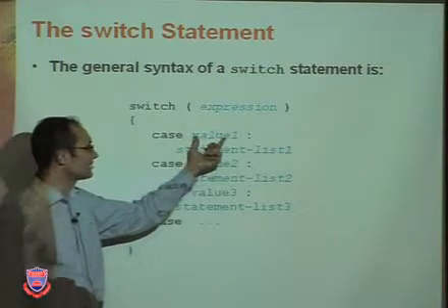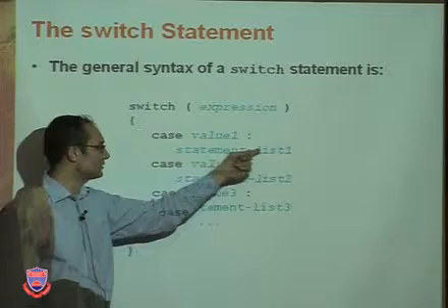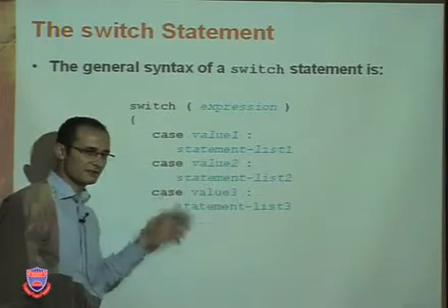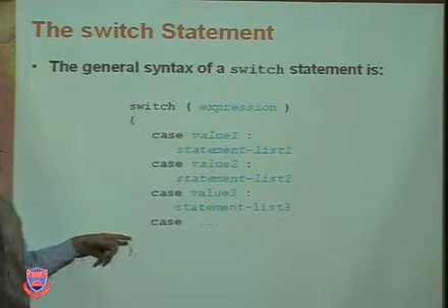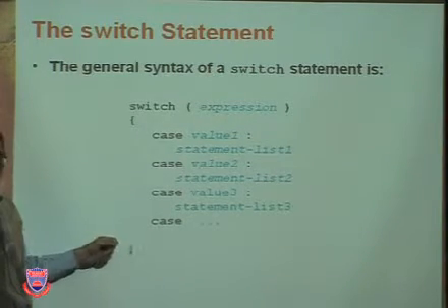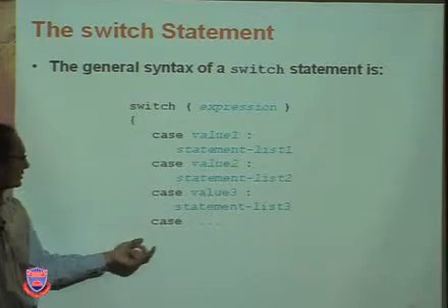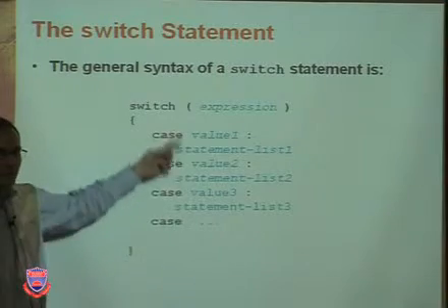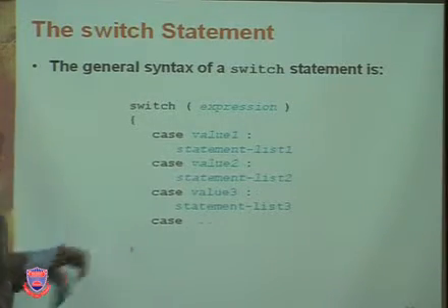If the expression is equal to case value 1, I will execute this; value 2, value 3, and so on. What was the last entry if none of them matched my cases? The default was the last option. If none of those map, I will choose the default option and execute whatever that requires.